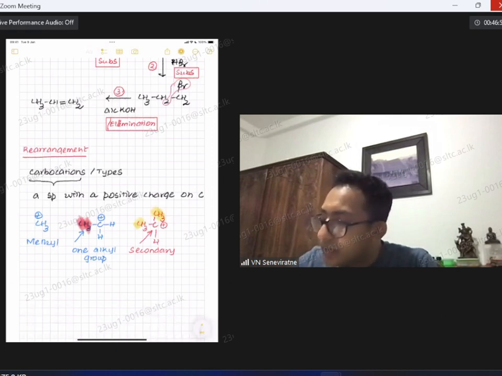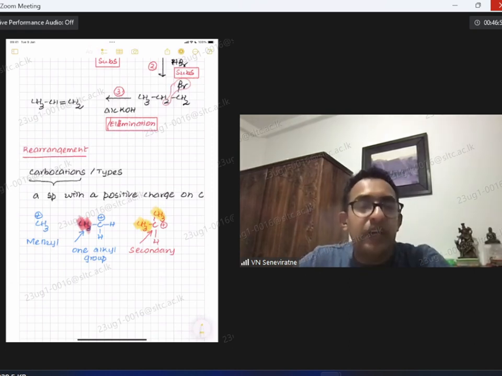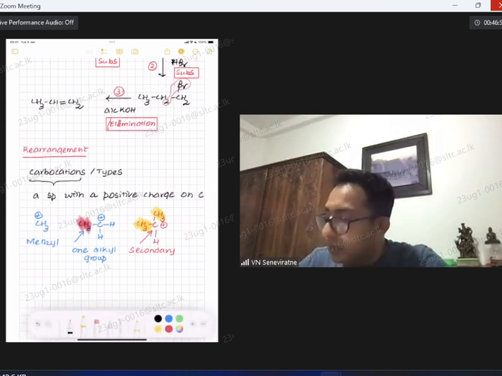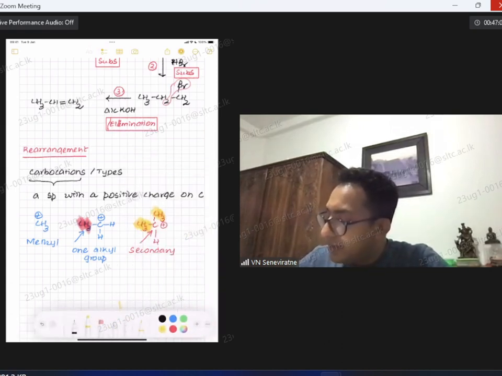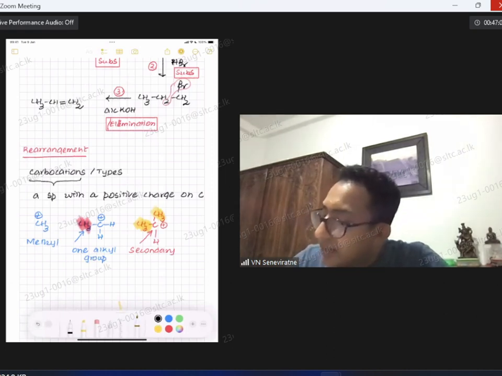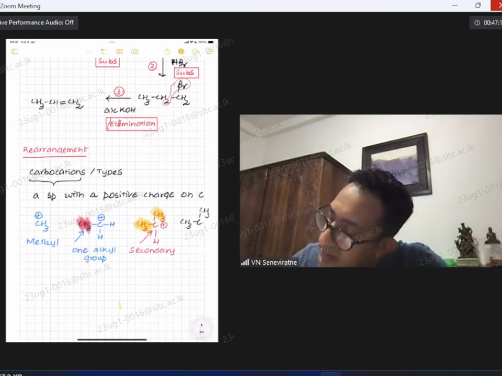This is the first alkyl group, this is the second alkyl group. Easy to remember. Secondary, two alkyl groups. Primary, one alkyl group. And then you have another one, tertiary, like you can see the pattern. CH3, C, CH3, and then CH3 and then plus. That's called tertiary.